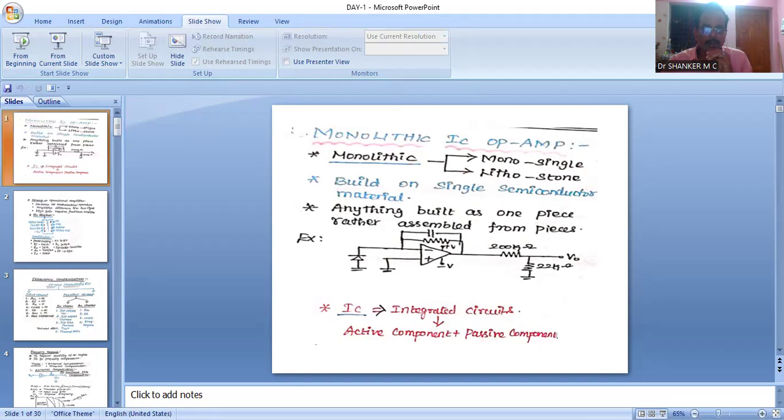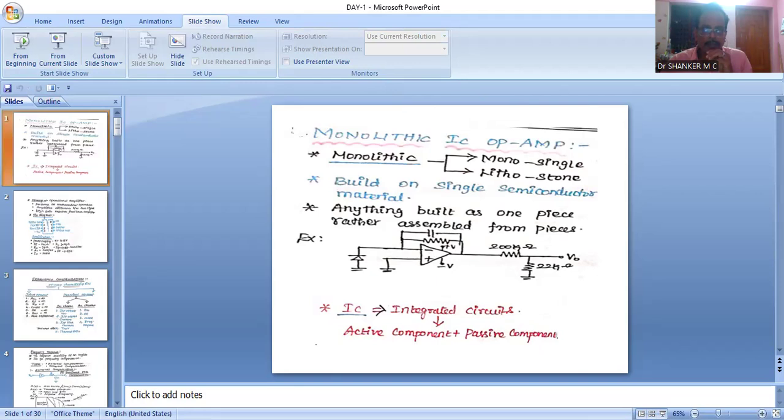All kinds of things depend upon these ICs. The IC is made as a monolithic. Mono means single, lithic means stone. So with the help of stone, they have taken the silicon layer, and in that they have made an integrated circuit, IC.